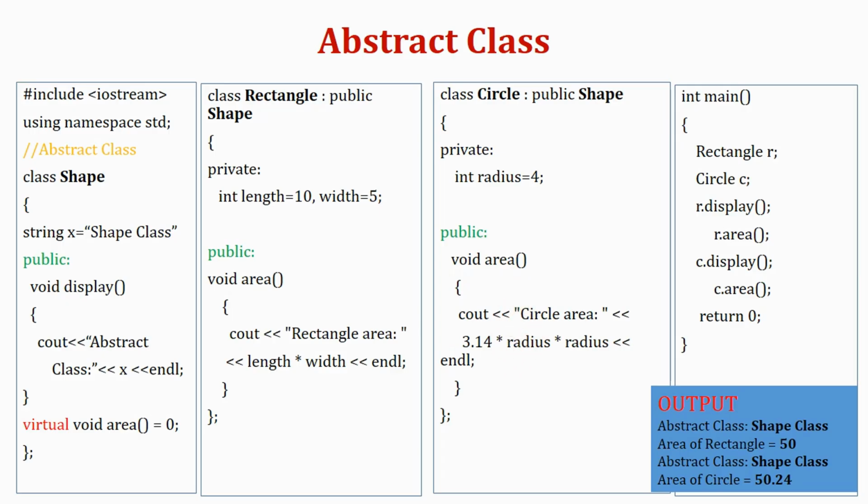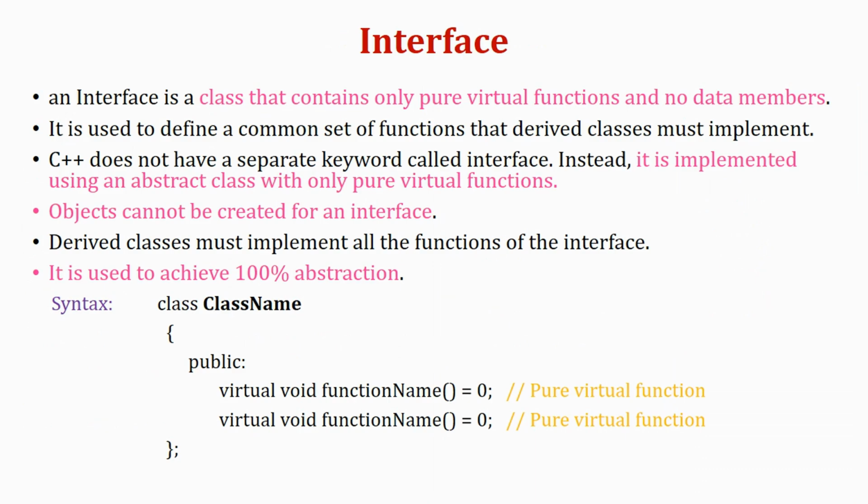The next concept, interface. An interface is a class that contains only pure virtual functions and no data members. It is used to define a common set of functions that derived classes must implement. C++ does not have any separate keyword called interface.